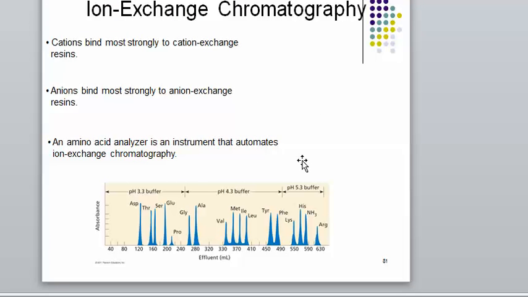There is a modification for ion chromatography. We call this the amino acid analyzer. And the amino acid analyzer is an instrument that basically automates this whole process. It is kind of a special form of HPLC or IC. And what they do is that at the very end of the separation process, they mix ninhydrin with the amino acids. And we've spoken about the importance of ninhydrin.